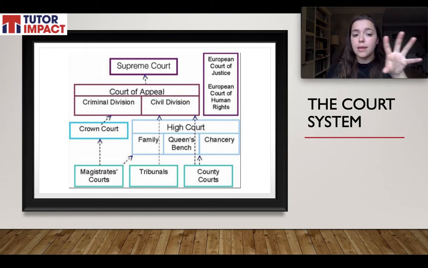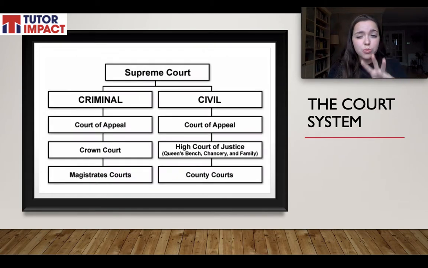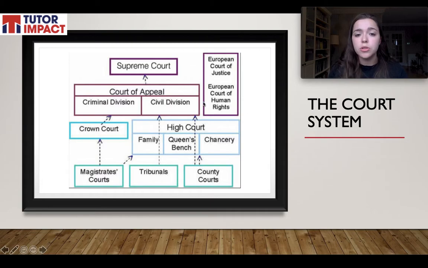Okay? So we do also have influences from other courts as well. So this is a slightly more complex diagram of this. It's pretty much the same thing. I just put it on because I want you to look at these, the European Court of Justice and the European Court of Human Rights. So the European Court of Justice is to do with the European Union, and it deals with action between the European Union, the EU, if you've heard of that, and its member states. So we used to be a member state of the EU.